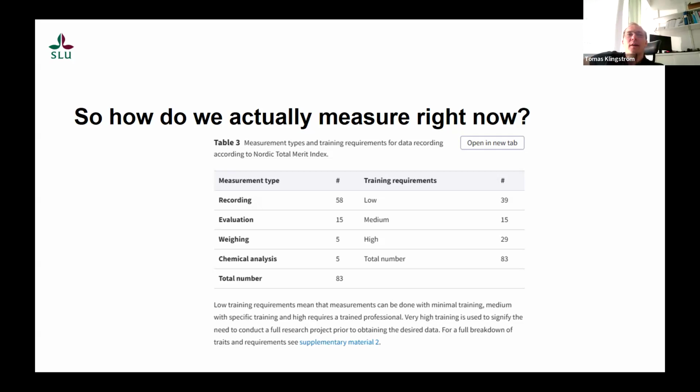And then we have a few high-tech ways of analyzing things like the chemical analysis. But even in a heavily industrialized country, most of the traits we track are done by pen and paper at first, and then transmitted using mobile phones.